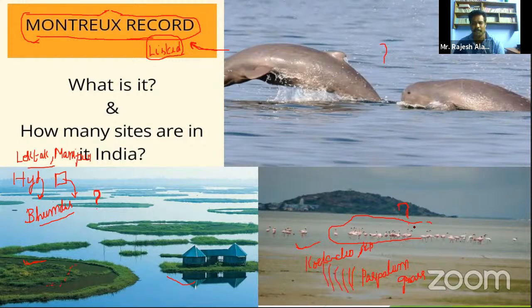Previously, the local community residing here allowed their buffalo to graze here, so the Paspalum grass growth was under control. When the forest department got involved, they said the water buffalo should not be allowed to graze here. After some research, they found that the removal of water buffaloes from this area was the reason the Paspalum growth was uncontrolled.